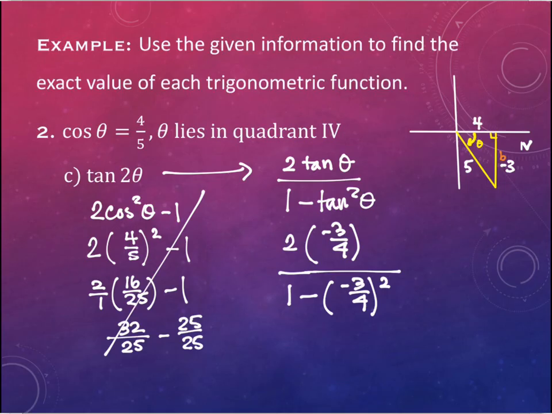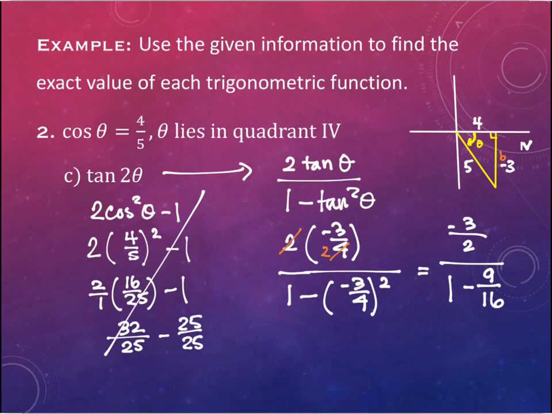All right, this is actually the first case today where we've had something that will simplify. This 2 will simplify with this 4, right? Right, so I can just put a 2 here. So this numerator is actually the same thing as having -3 over 2. My denominator is 1 minus, and we did this before as well, 9 over 16.